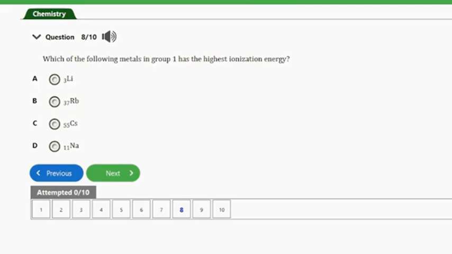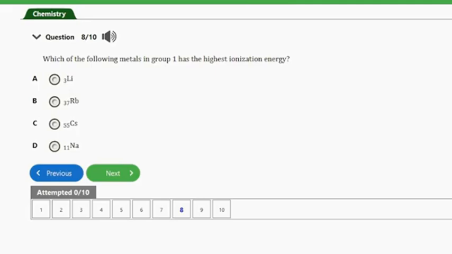C is cesium, which has an atomic number of 55, and D is sodium, which has an atomic number of 11. So guys, we need to understand that ionization energy generally increases from the left to the right of the periodic table, and that's across the period, and then it decreases from the top to the down the group.